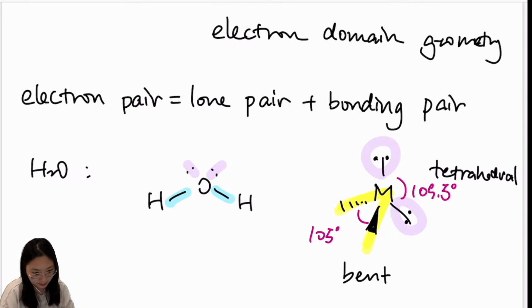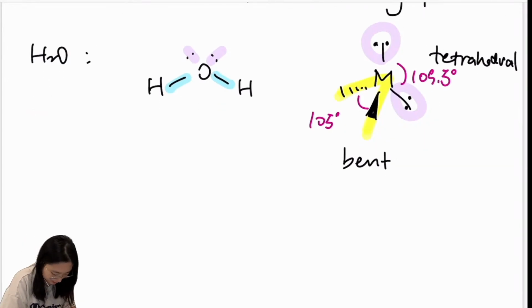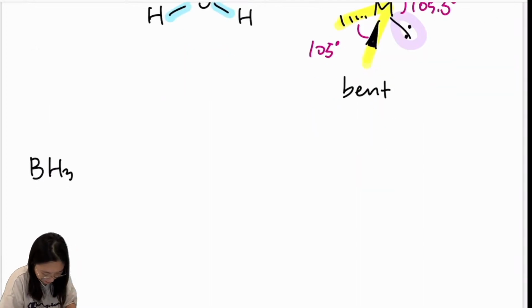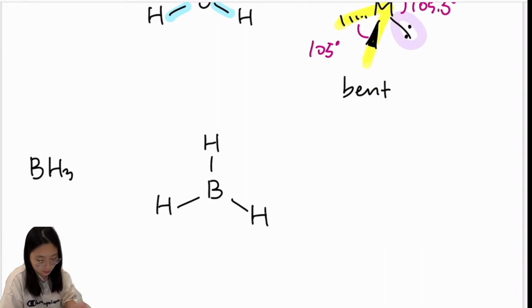The most typical molecular geometries you will be tested on are tetrahedral and trigonal planar. Trigonal planar is something like BH3, boron trihydride. Boron has 3 valence electrons, so when it's bonded to 3 hydrogens, this is the structure. How many electron pairs?